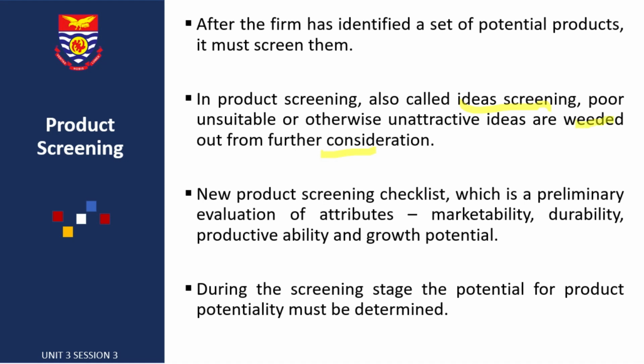They are taken out. The new product screening checklist is a preliminary evaluation of attributes. The attributes include the marketability, the durability, the productivity, the ability of the product to perform as expected, and then the growth potential. During the screening stage, the potential of the product must be determined.